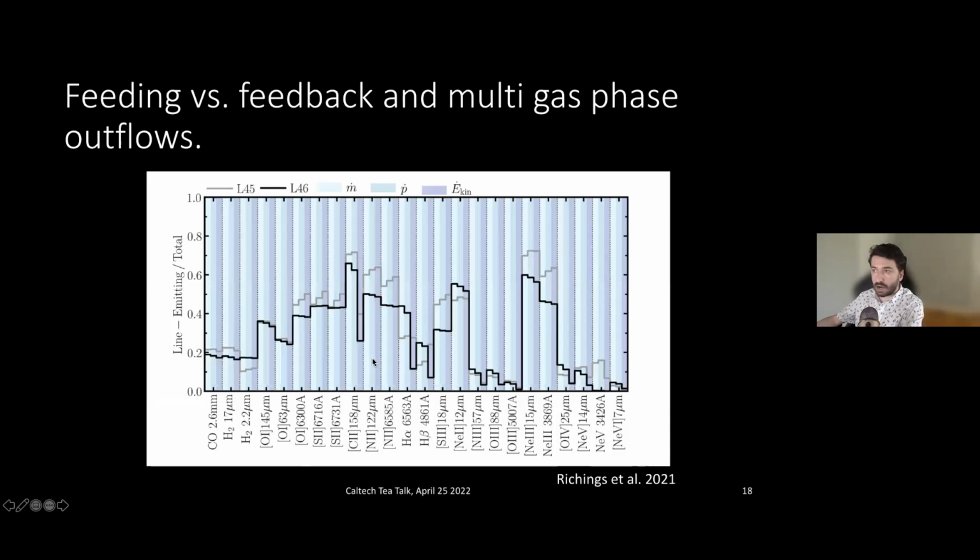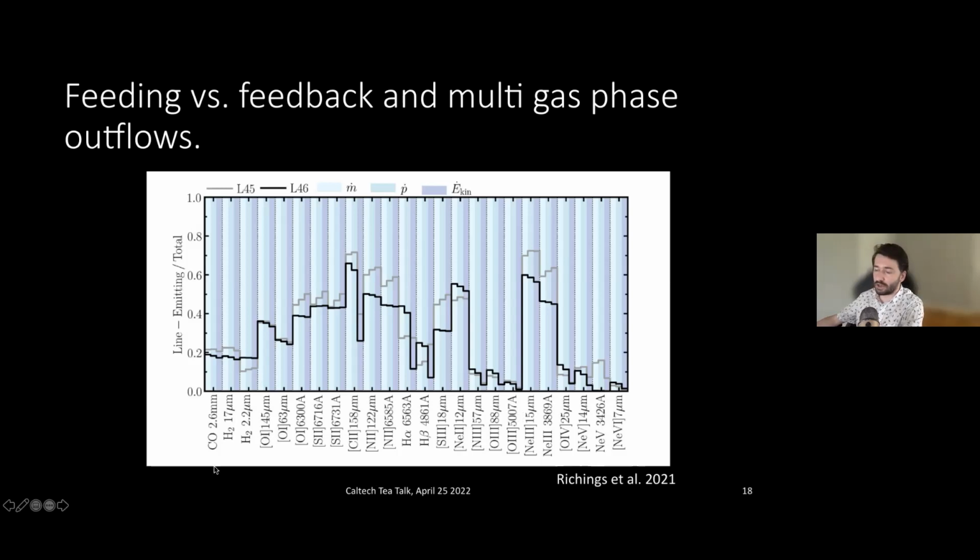Studying the outflows has been a little bit more challenging because galactic outflows are inherently multi-phase. What that means is that their energetics are divided among different gas phases. This is from hydrodynamical simulations by Richings et al. from last year that really highlight this multi-phase nature of galaxy outflows. On the x-axis are different emission lines that you can use to probe galactic outflows.